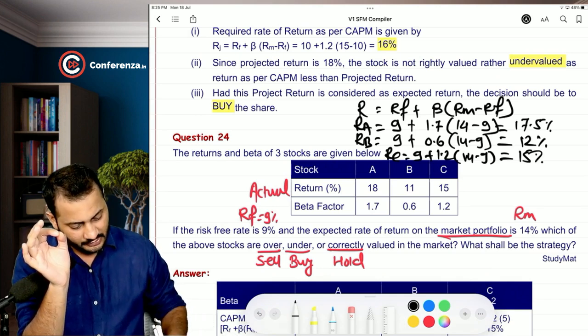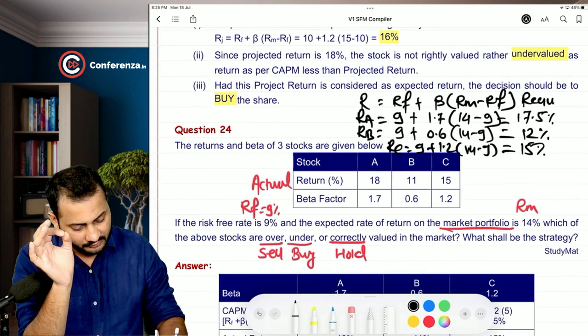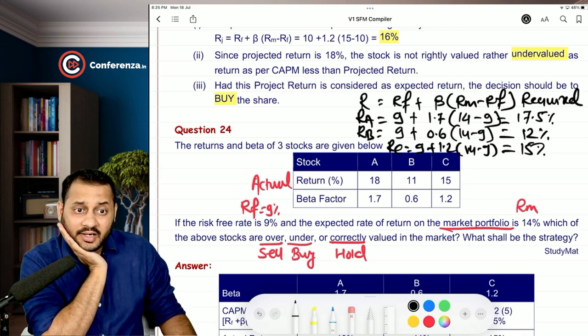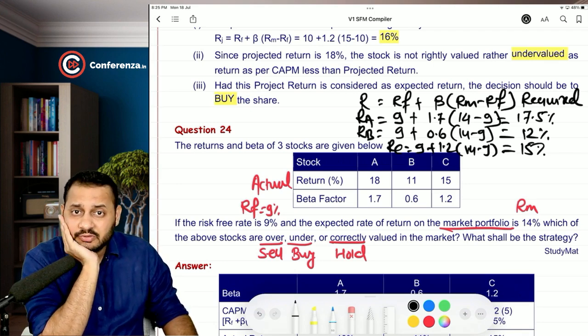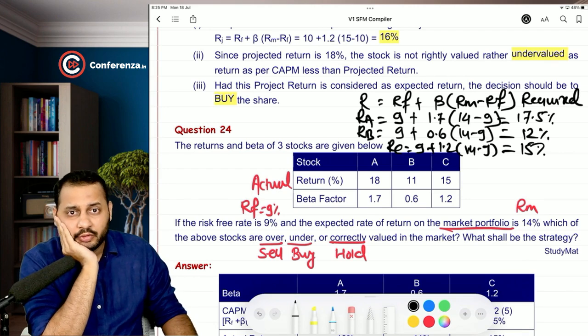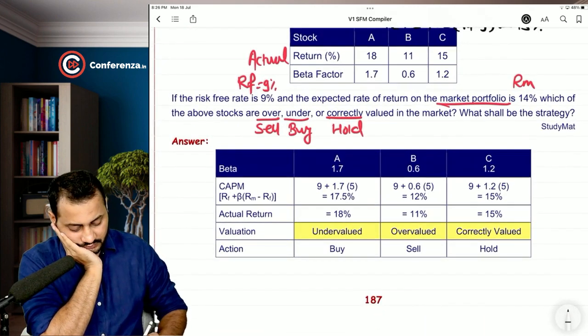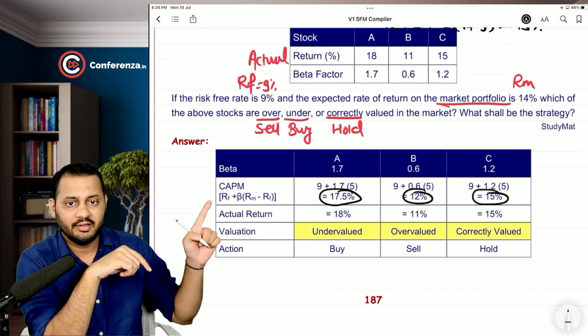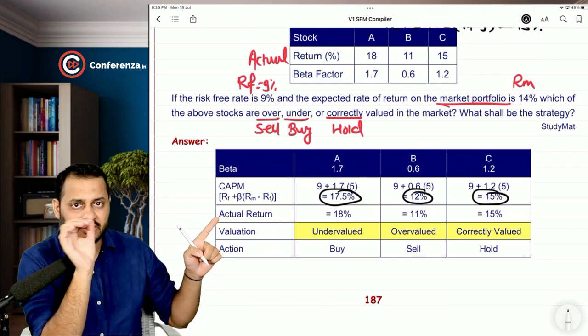Now, these are the required returns. Understand, these are the required returns. At least this much return is required. Okay. Now, 17.5, 12 and 15% are the required returns, and these are the actual returns given in the question.